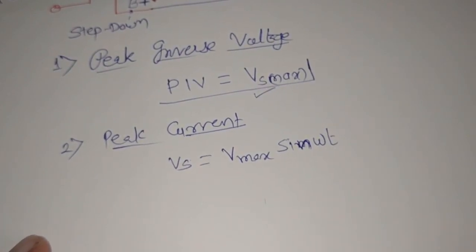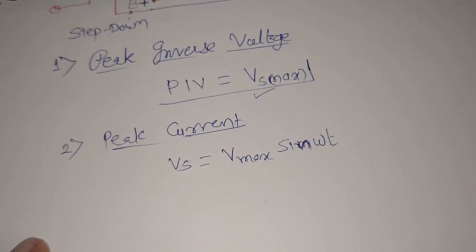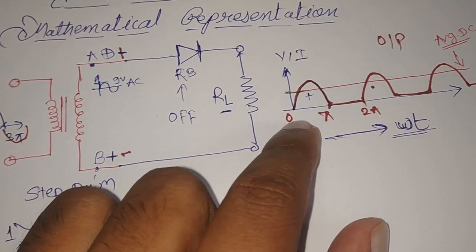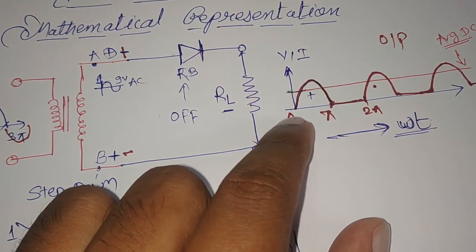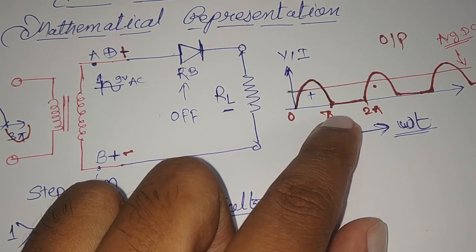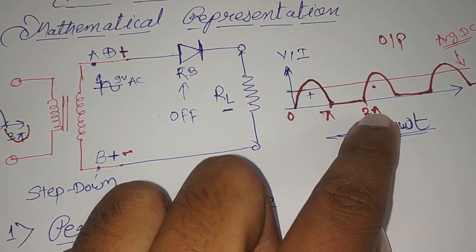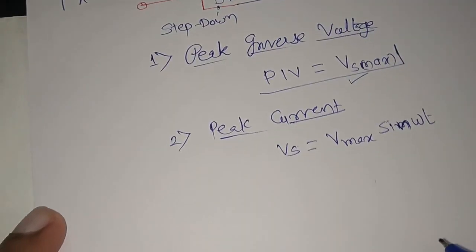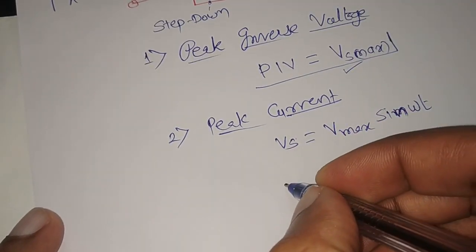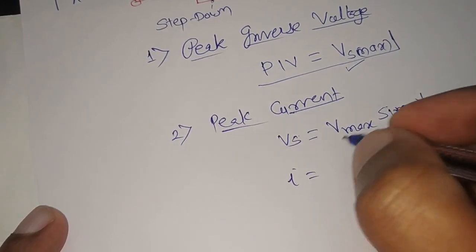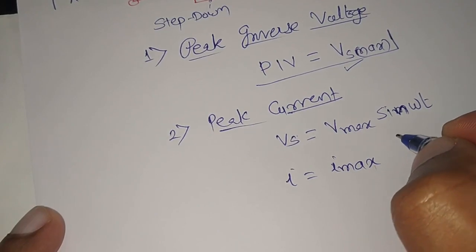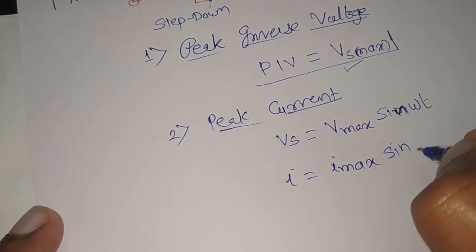So this is voltage current. And what is the peak current? Maximum current which can be handled by the device. So now if you see the output, in output from where to where we are getting current? We are getting current from 0 to pi only. But from pi to 2 pi we are not getting current. So if we write it mathematically, expression for current I will have some maximum value sine omega t.